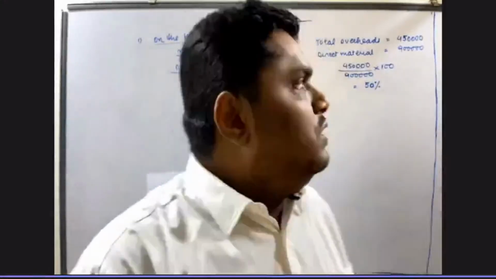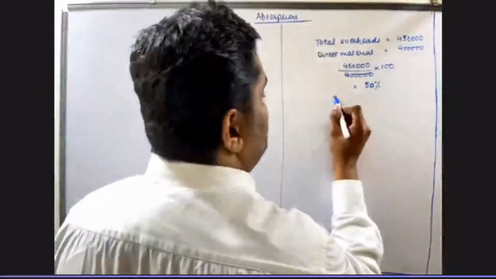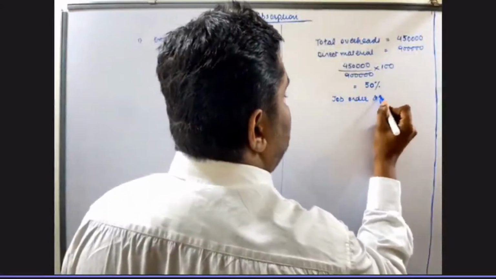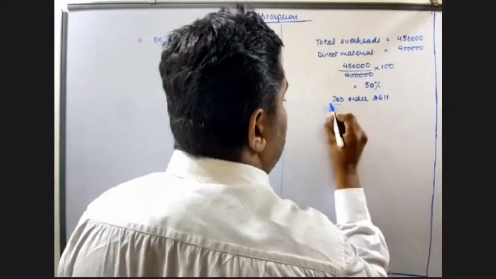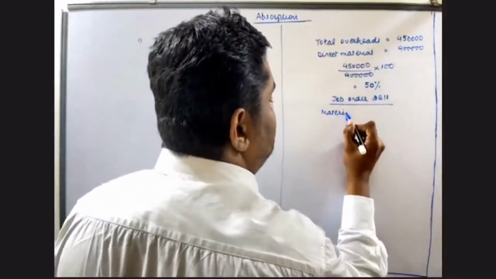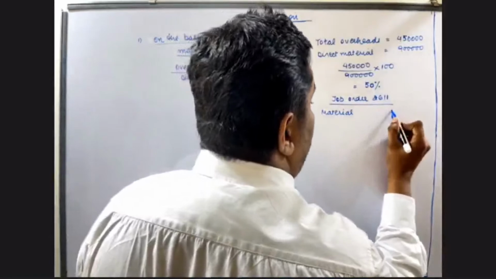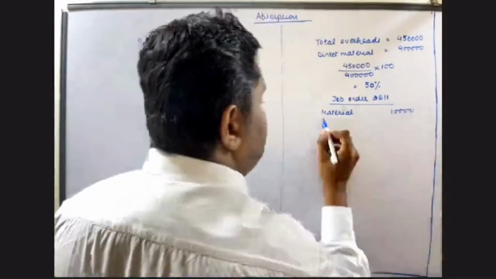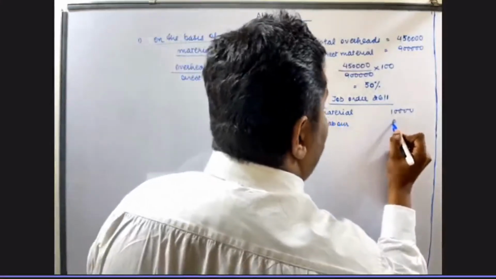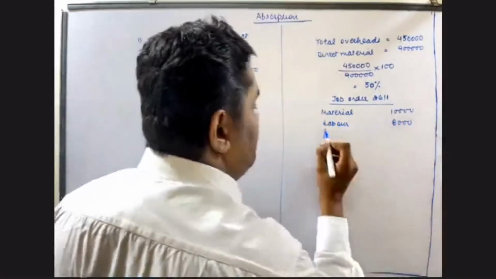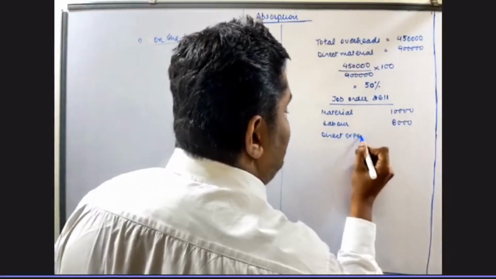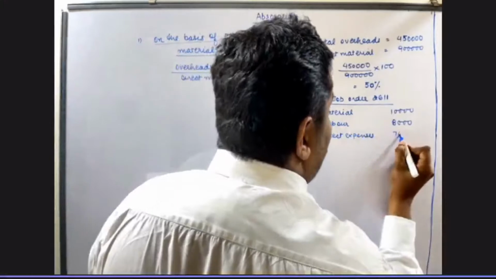So let's say I have received a job order number 2611, wherein the material cost is, let's say, 10,000. The labor cost is, let's say, 8,000. My direct expenses are, let's say, 7,000.